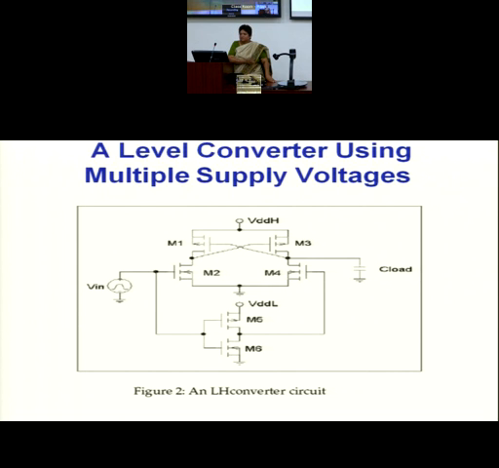High. If V in is high, V out would also be high. Because if V in is high, M2 will turn on, this node will go down. As this node goes down, this PMOS turns on and charges this node. So it has the same polarity. It's a kind of non-inverting circuit using DCVSL.